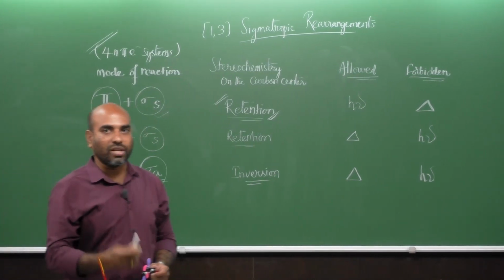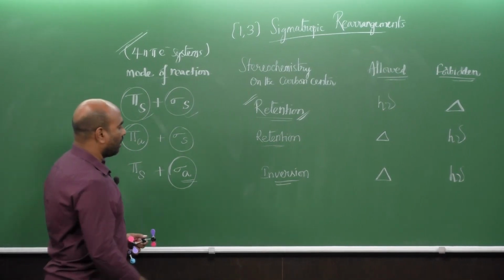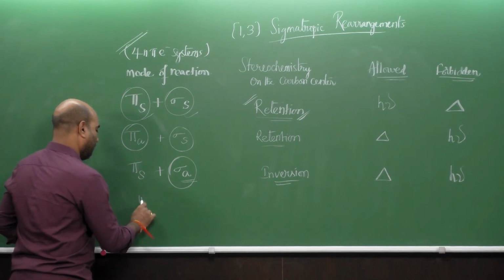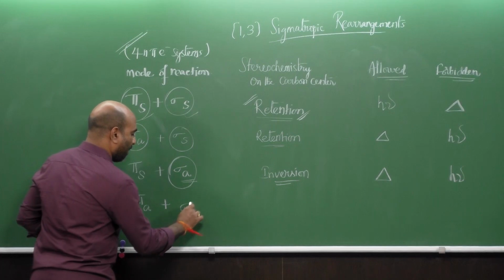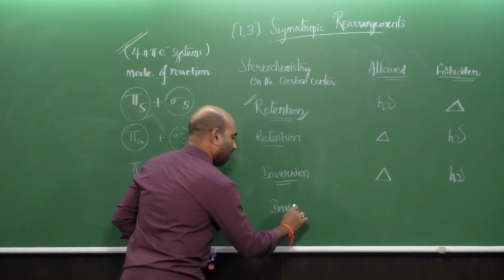So what is the fourth possibility? Both being antara, or you can see the pi being an antara partner and sigma being a supra partner with inversion of configuration.